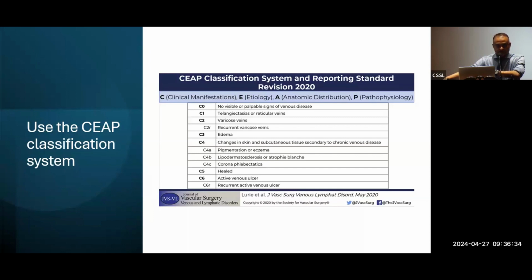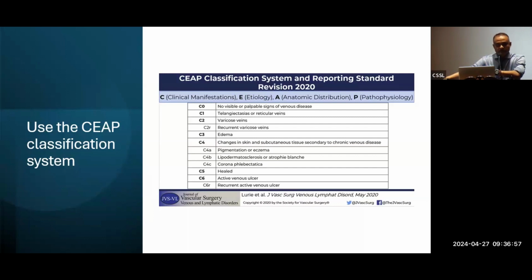Whenever you see a patient, even from an exam point of view, or from a post-MD clinical point of view, I would recommend that you always categorize them as either C2, C3, C4, C5, or C6. Then you don't need to say a lot of other things.